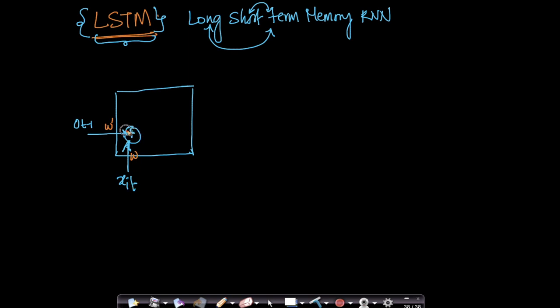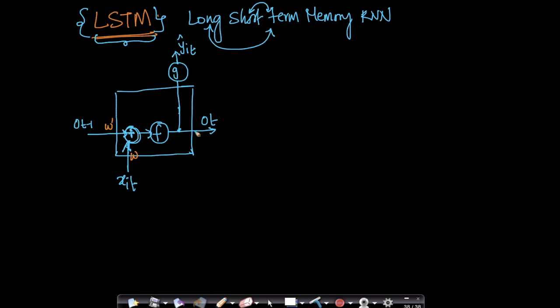Then we have an activation unit F, which generates our O_t. We can send this to another function G, which will generate our y_it hat.